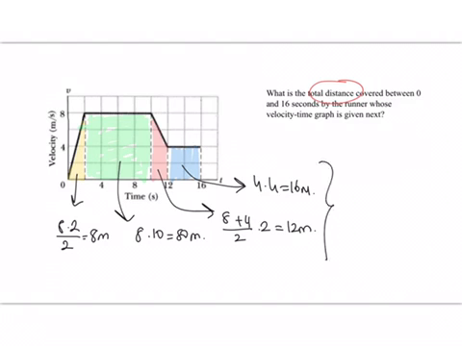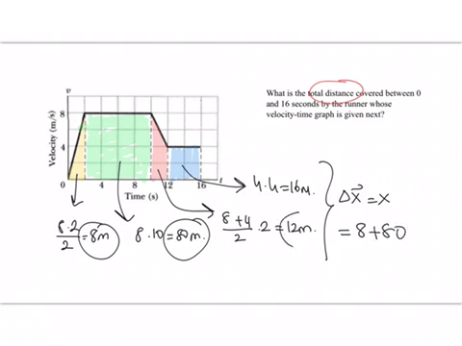So the total displacement, or the distance, because he's going always in the same direction, is equal to 8 plus 80 plus 12 plus 16, which is equal to, let's sum them, 116 meters.